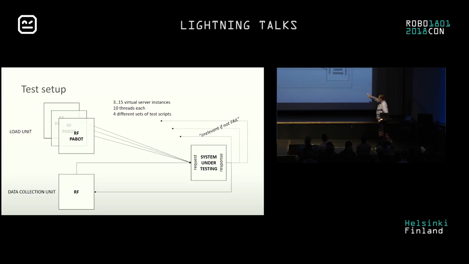We estimated the number of concurrent users by having all these servers log what they were doing: keywords, test cases, etc. After that, we calculated how many concurrent users we were able to create. With 15 servers and 10 threads each, and of course with think times present, we set the Selenium speed to make sense.